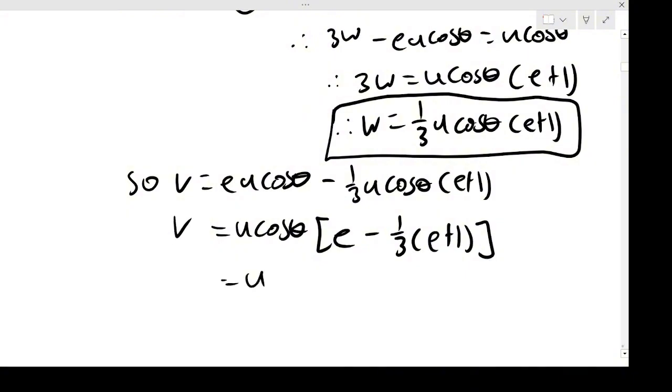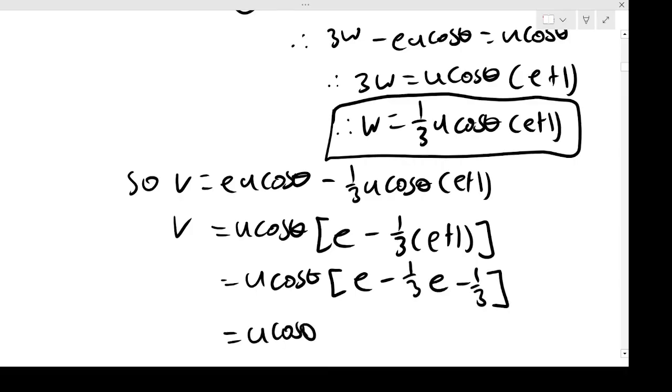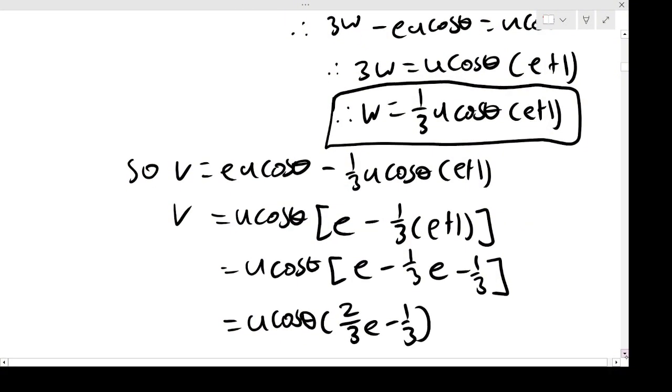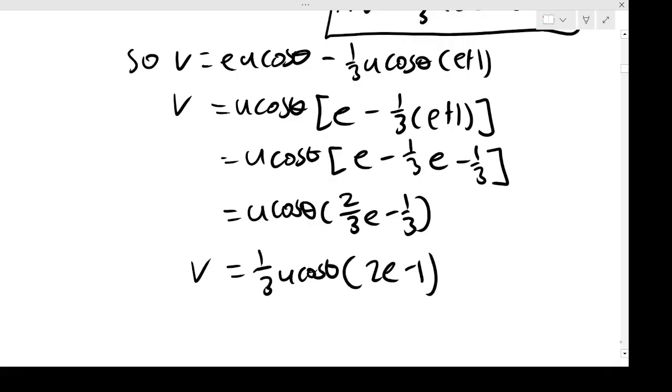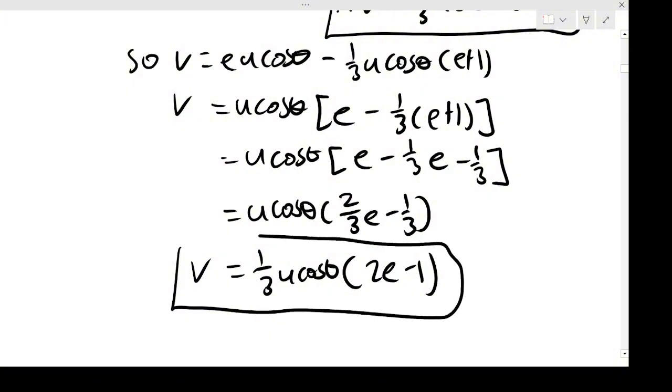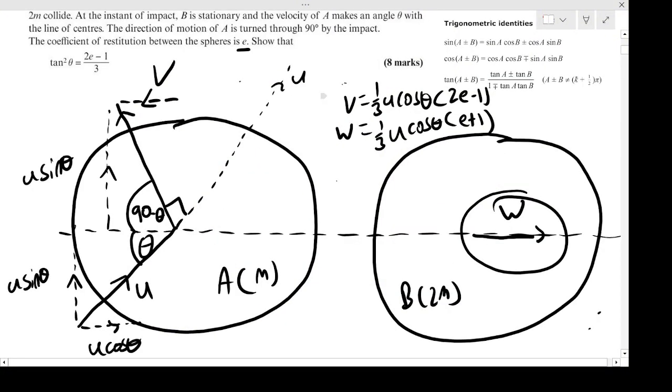Then I can expand to get e minus a third e minus a third, which goes to u cos theta of 2/3 e minus a third. Finally I can factor a third out, so v is a third u cos theta of 2e minus 1, and that's v in its simplest form.